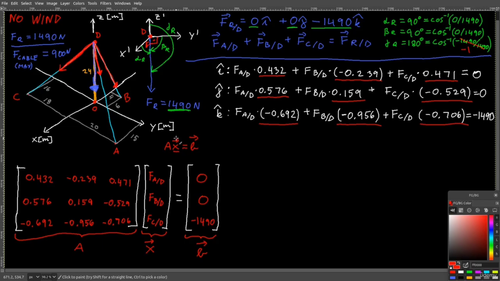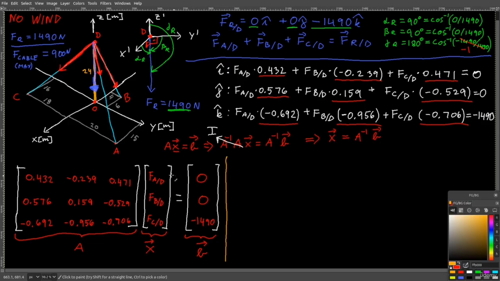And how do you find this x vector? Well, you simply take the inverse of this A matrix and you put it on both sides of the equation. Now this one here, this will be an identity matrix. An identity matrix times the x vector equals that x vector. An identity matrix, it's like 1. If you multiply something by 1, you get that something. And so you have x vector equals inverse of A times the b vector.